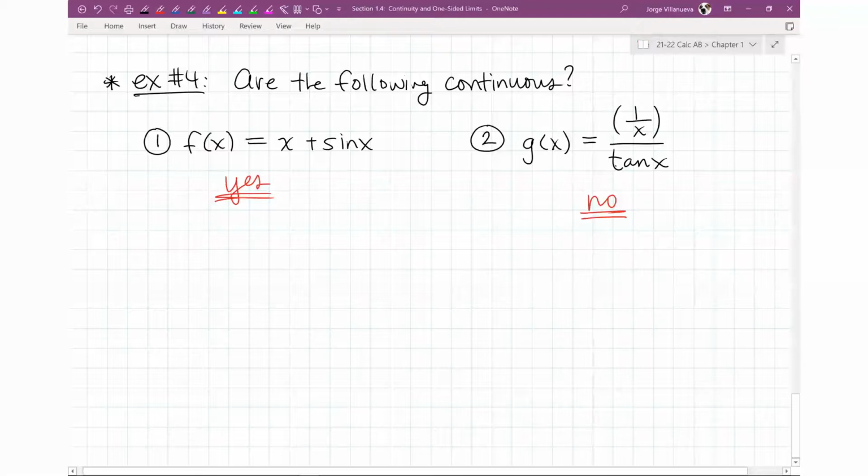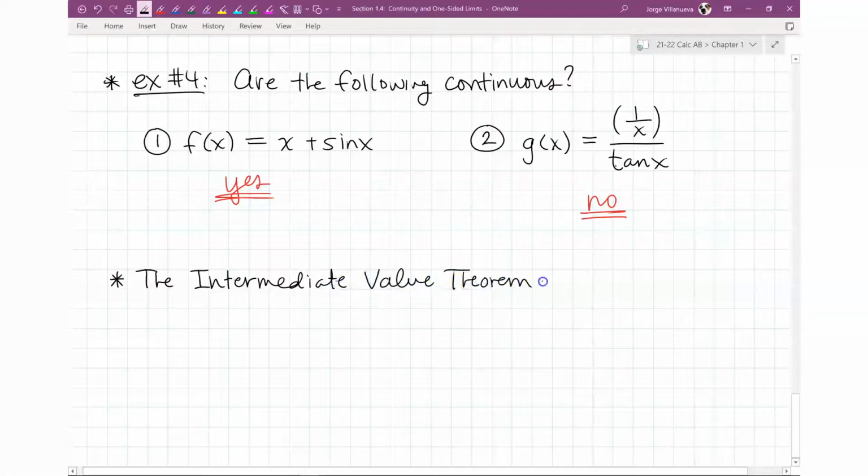Or if you want to wait till tomorrow, that's fine too. That's up to you. But here we go. It's called the intermediate value theorem. We call it the IVT for short.